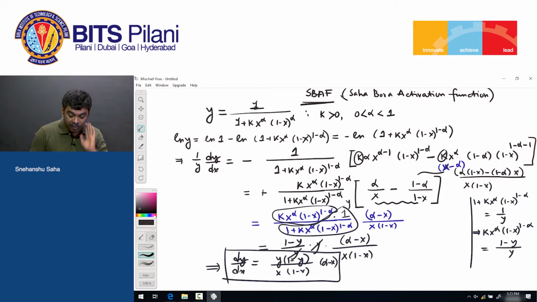First of all, this one has an exploding gradient problem if x is equal to 0 and x is equal to 1. So we have to be careful about these two values, because the gradient explodes.